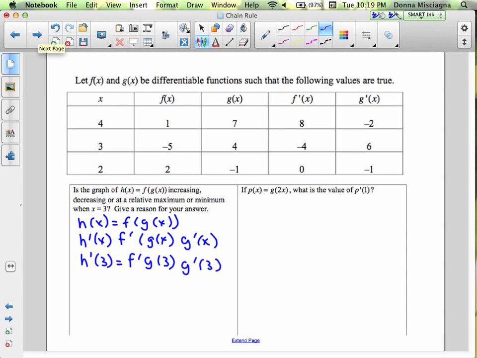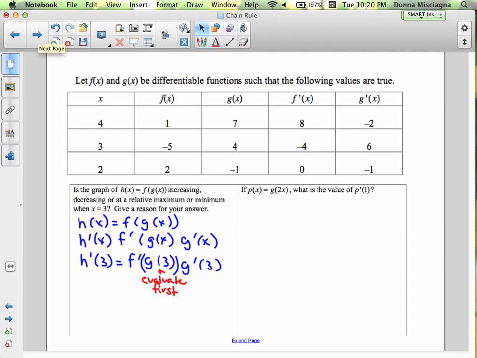Now, I lost a parenthesis there. So remember, if we're evaluating, we do inside and then outside. When you take the derivative, you go outside in. When you evaluate, you go inside out. So you're going to have to evaluate here first, because I don't know what to take f prime of until I know what g of 3 is.